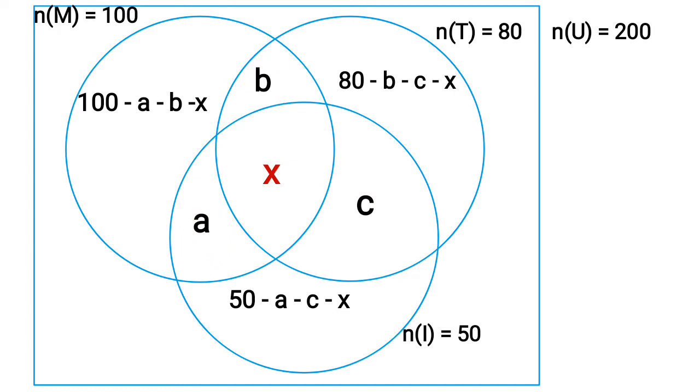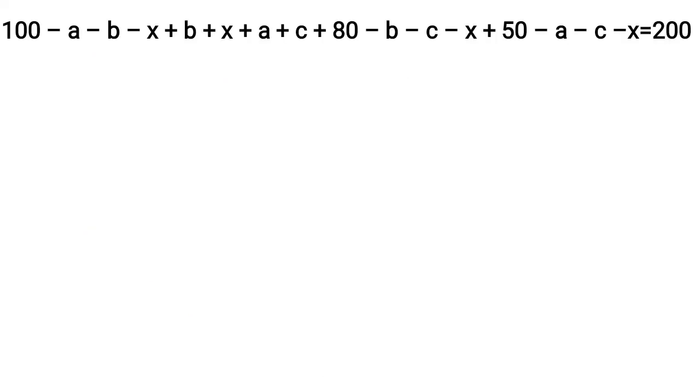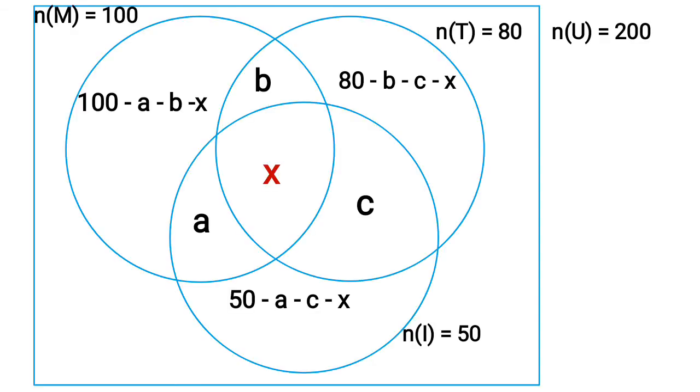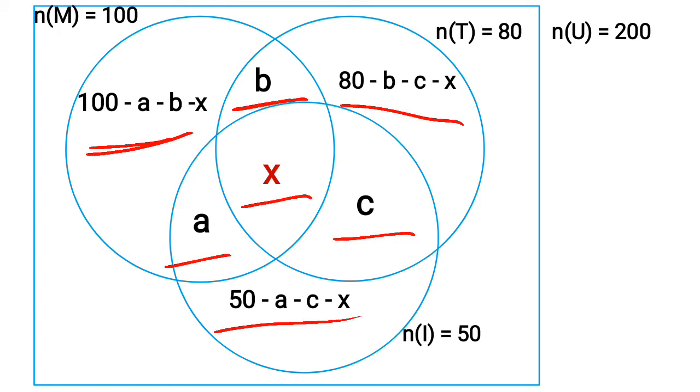So we have 100 minus A minus B minus X plus B plus X plus A plus C plus 80 minus B minus C minus X plus 50 minus A minus C minus X equals 200. What are we doing here? We are adding everything just like we do all the time. We add this to this to this to that, then we equate to 200.